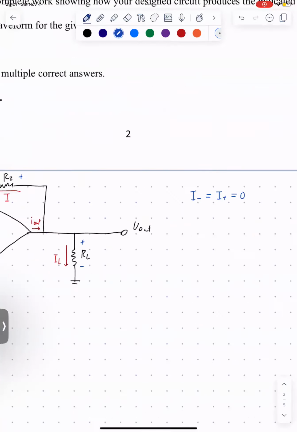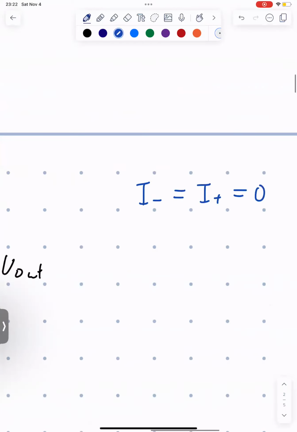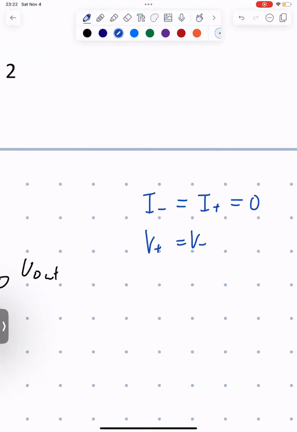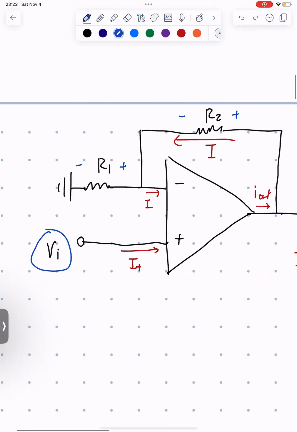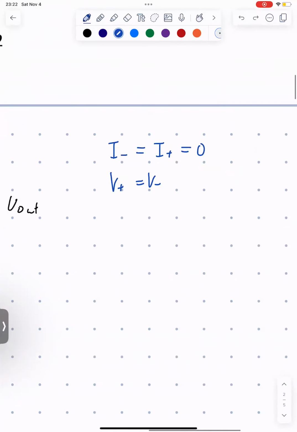Another thing we would know, since it's a negative feedback, is that V positive equals V negative. So the voltage at the positive terminal is equal to the negative. Now, coincidentally, our input voltage equals V plus.